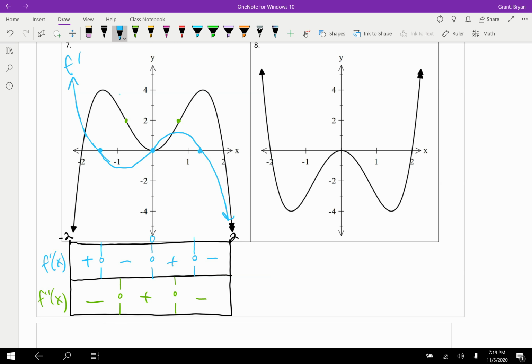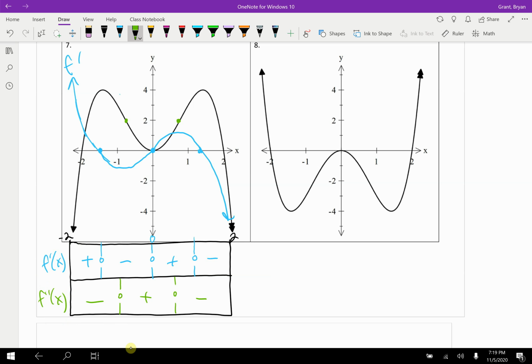Now, one way we can check to make sure we did this right is to compare this to f double prime, because this critical point on f prime where the slope is 0 is going to match up with our inflection point. How come? Well, here's why. F double prime becomes 0 at inflection points, right? It has x-intercepts the same way that f prime had x-intercepts at critical points.